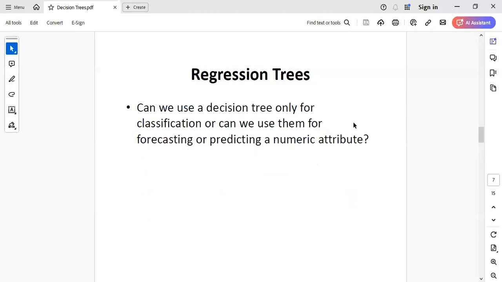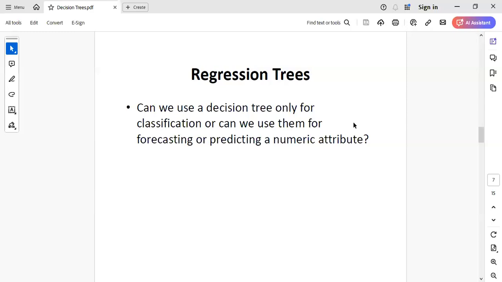So we started with how a decision tree looks and how a decision tree is constructed. Then we looked at the advantages of decision trees, and also learned about classification and the second one, regression type of problems. These two come under predictive analytics. So predictive is divided into regression and classification problems.